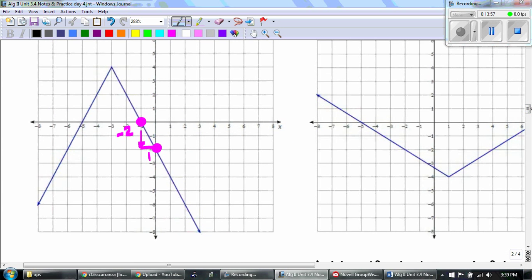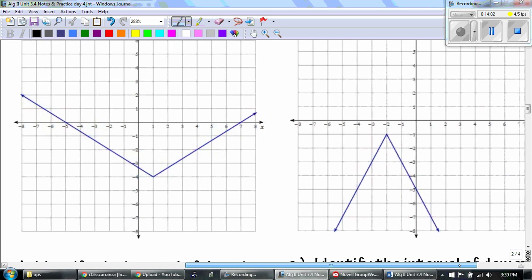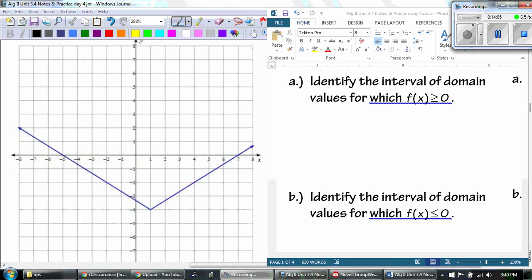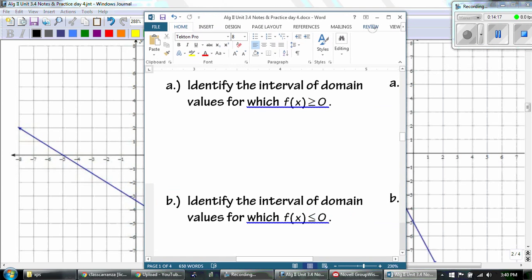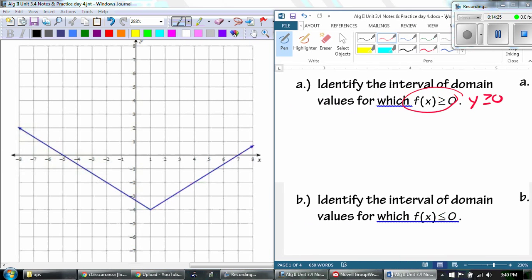All right, let's look at the next one. So what I'm going to do real quick, I'll pause this. I've got my question up on the right, and then we're going to do the graph on the left. The first part that we're looking at, as I come over here to get my pens, is when is y greater than or equal to 0?